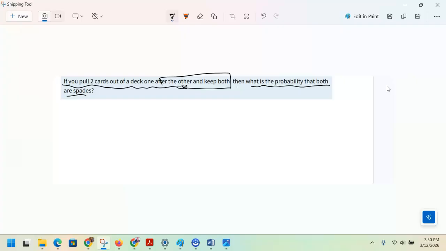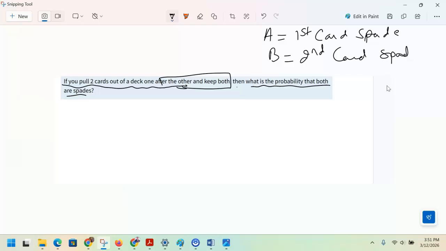So A is that the first card is a spade, and B is that the second card is a spade. So what we want to know is the probability of A and B. Okay? So we can write either formula. That means it is the probability of A times the probability of B when A occurs.